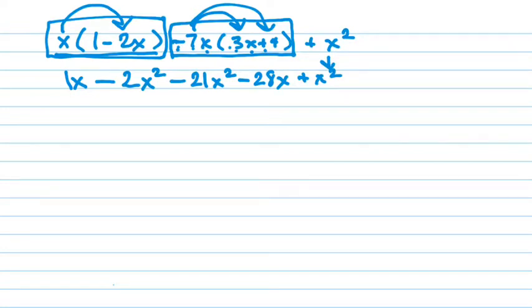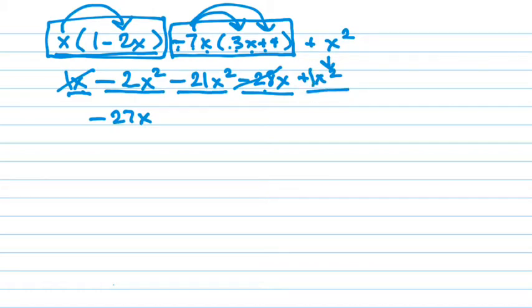Now we've gotten rid of the brackets. What's next? Combine the like terms. This is an x term. Do I have any more x terms? Yep. Be careful, they're not all x terms. 1x minus 28x leaves what? Minus 27x. Thank you. Then I have an x squared term, another x squared term, and another x squared term. Remember, that's 1 if there's no number in front.